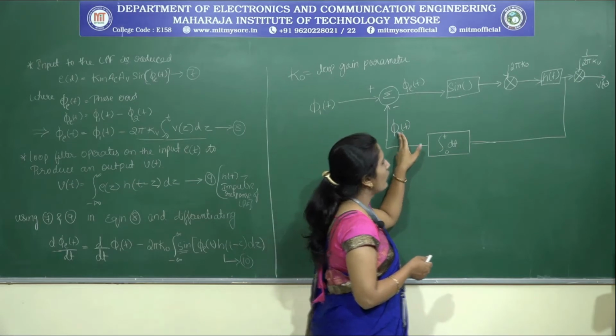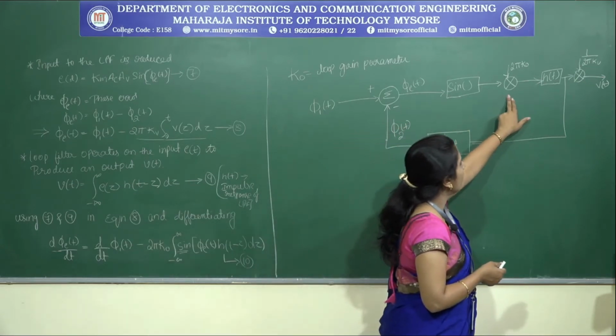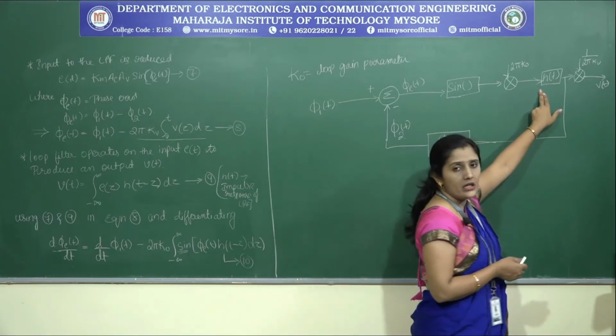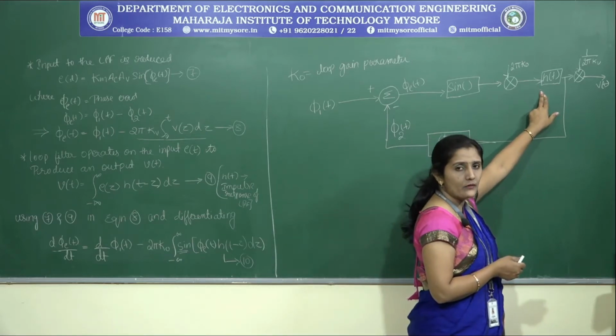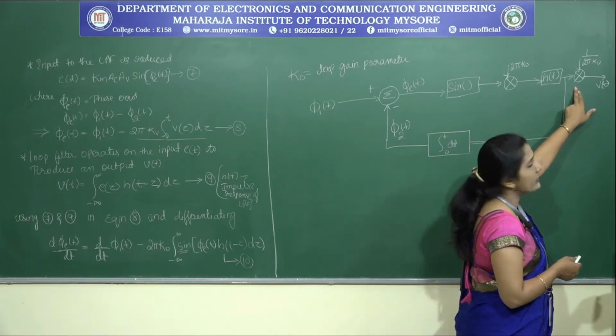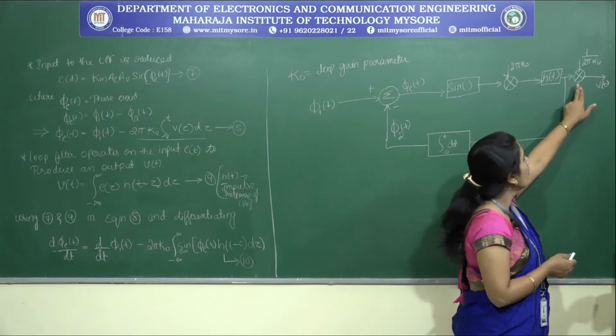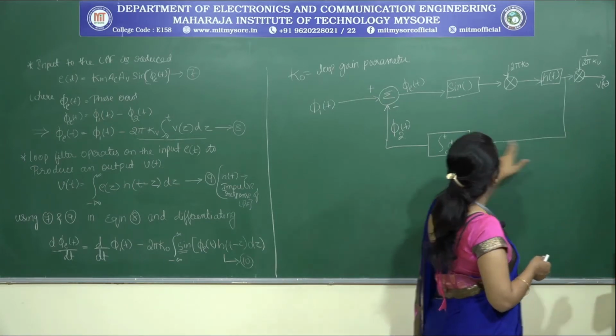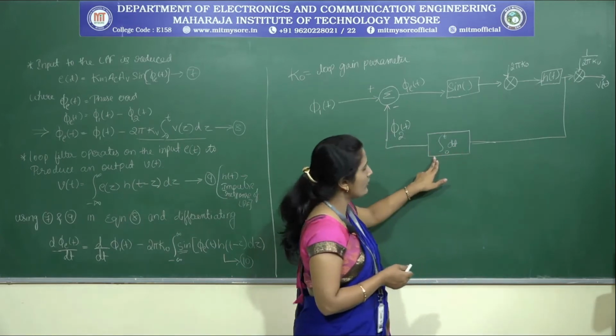Here we have got phi 2 of t, multiplied with 2 pi into k naught, that is the loop gain, and h of t is nothing but the impulse response of the low pass filter, and here we multiply with 1 divided by 2 pi into kV, and we get the output. This is the feedback given to the voltage control oscillator.